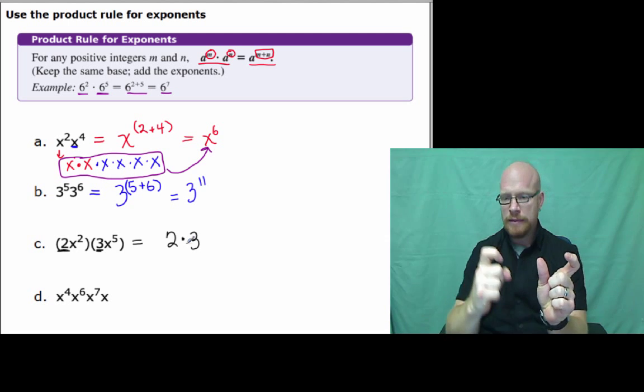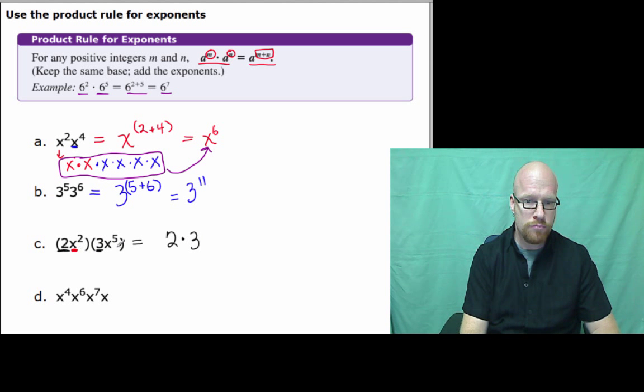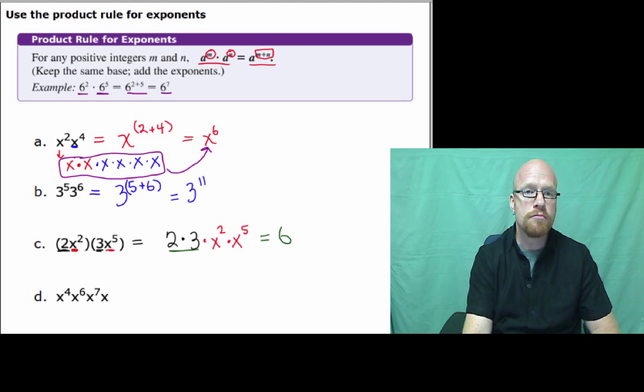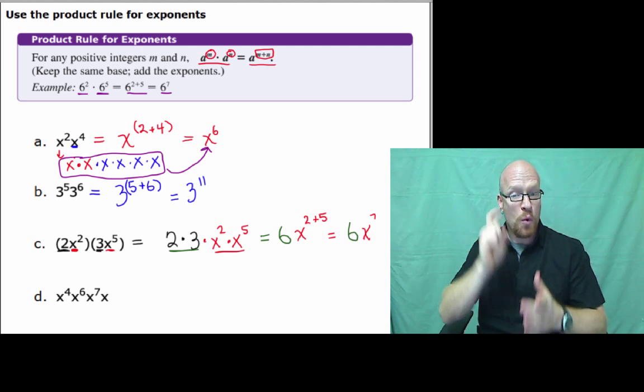Now we're going to look at our variable terms, our bases. Now that's the final answer, 6x to the 7th.